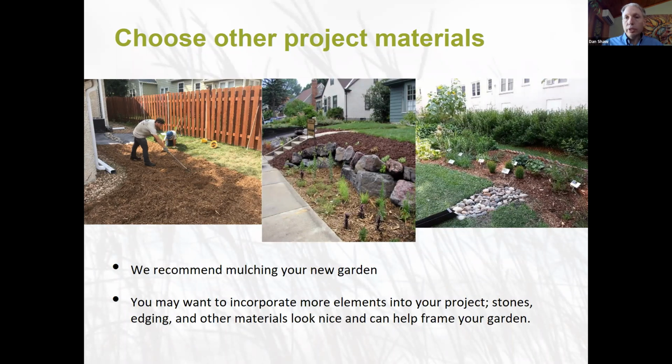Then with choosing other project materials, with this program, we request that 70% of the costs are related to the plants themselves that you're installing, but other materials can be reimbursed for the program, including wood chips, compost, soil, and edging.